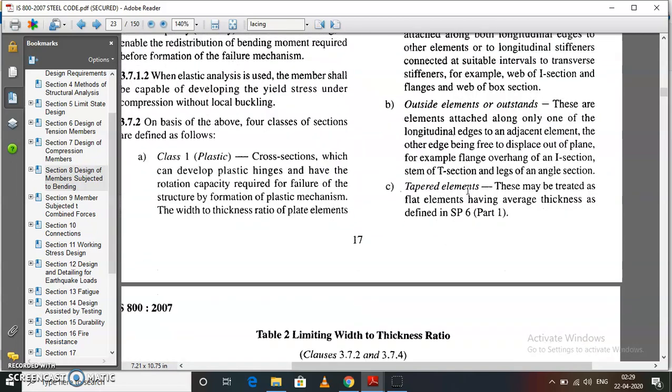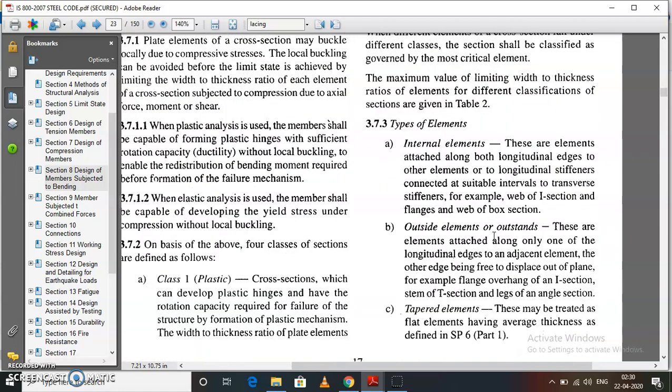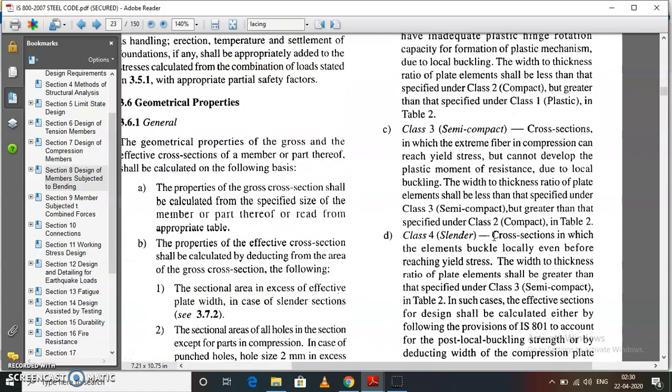This means the b by tf value lying between 9.4 epsilon and 10.5 epsilon, and d by tw values greater than 84 epsilon and less than 105 epsilon, come under class 2.